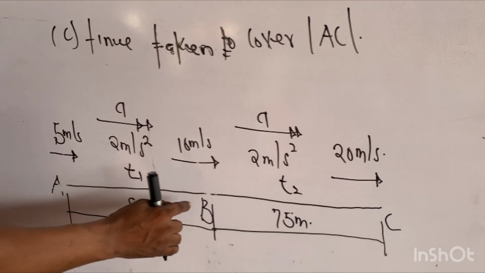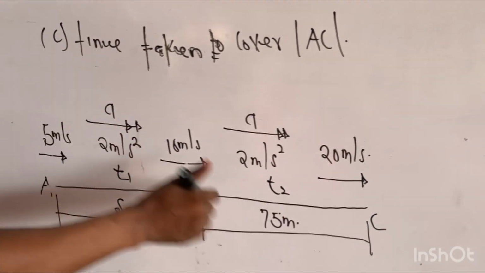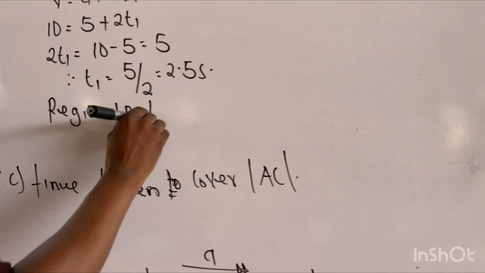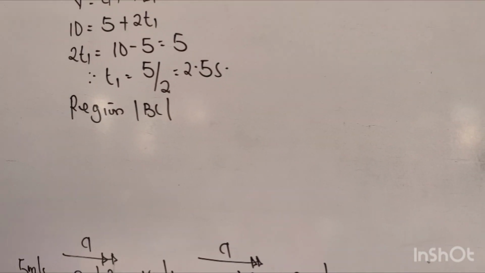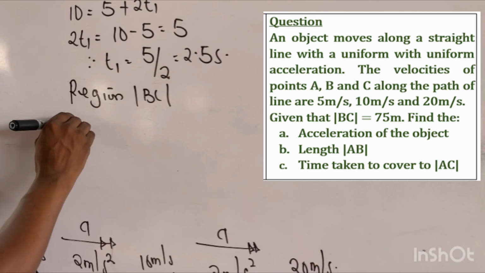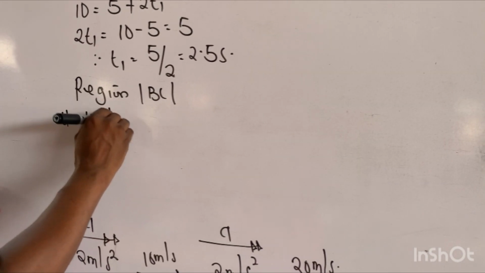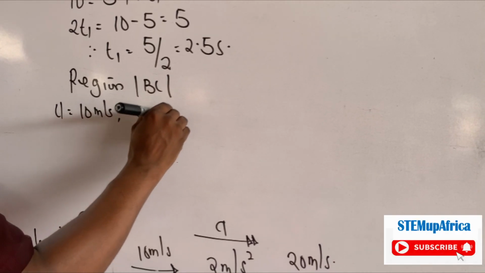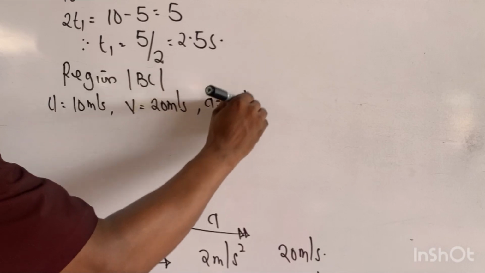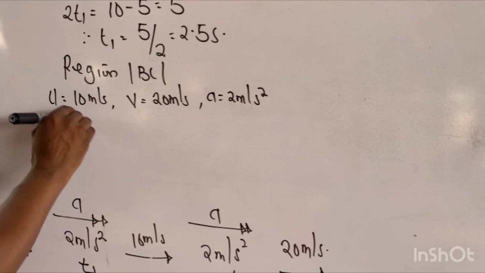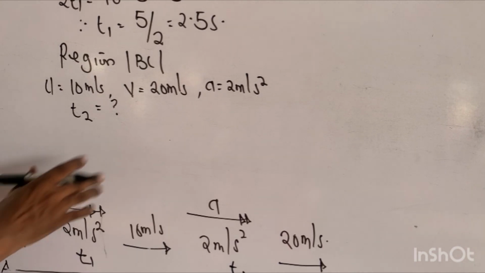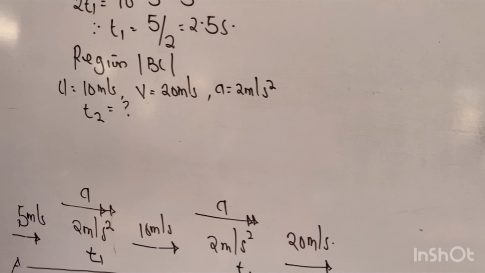Let's also find the time spent from B to C. So I will consider region BC. At BC, initial velocity is 10 meters per second. The final velocity is 20 meters per second. Acceleration is 2 meters per second squared. The time from B to C, let's call it T2, becomes our question mark. The data here also satisfies the first equation of motion.